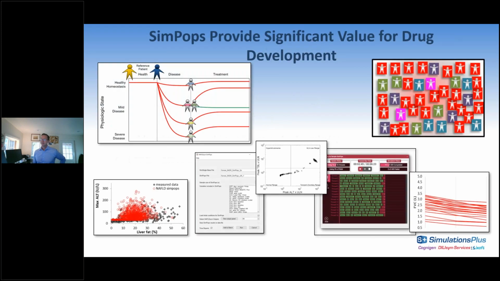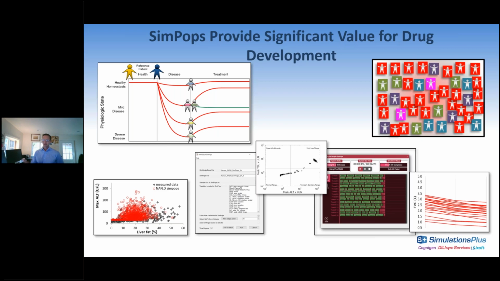So in the next slide, what we have here are a number of different visual aids representing some of the various applications and utilities of these simulated populations. I think conceptually it makes a bunch of sense in that our populations are diverse, and rarely does one population respond the exact same way to a single treatment.